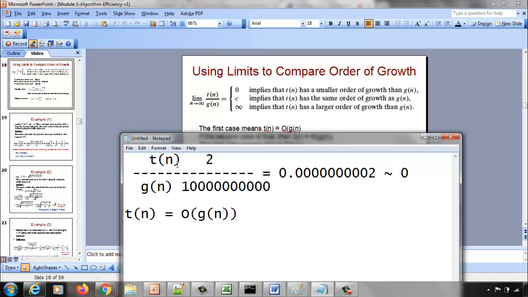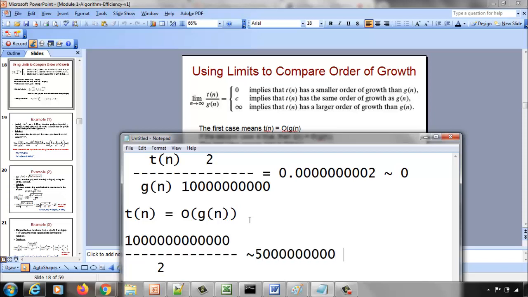So if the numerator grows slower and the denominator values grow faster, the ratio value tends to 0. On the other hand, if the ratio value goes to infinity as n tends to infinity, that is similar to having it the other way around. You have a very large numerator divided by a very small denominator, and this is again a very large value, right?